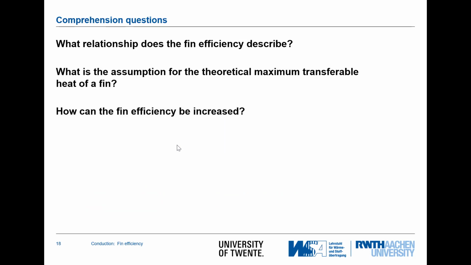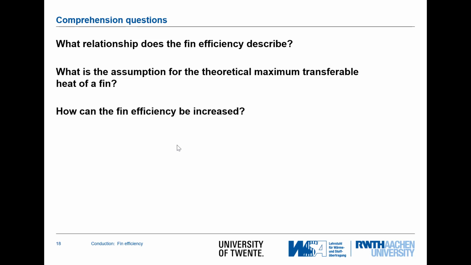Let's finish this video also with a few questions. First, what relationship does the fin efficiency describe? We have seen that the fin efficiency describes the ratio between the heat actually transferred from the fin to the maximum amount of heat that can be transferred. This brings us directly to the second question.